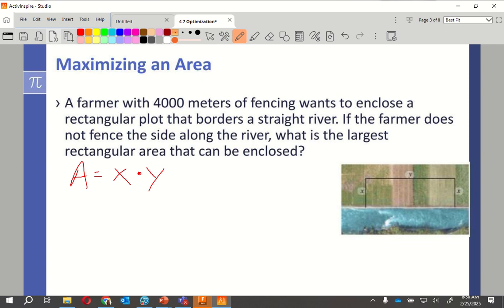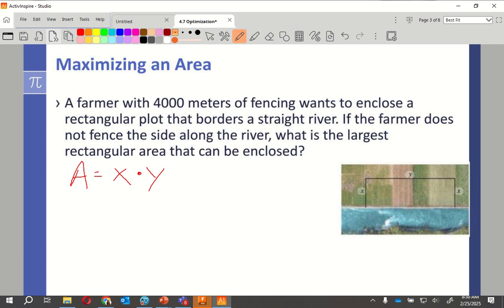So there's my area. And what are we going to do with this? We're going to put a fence around it, right? Okay. So I'm going to use that to actually help maximize this.